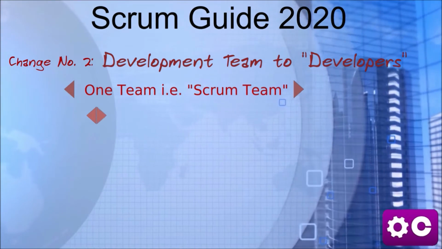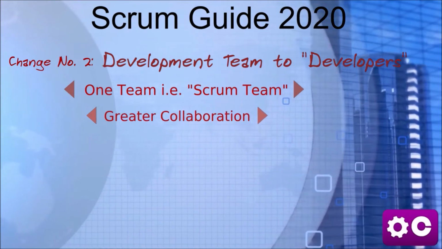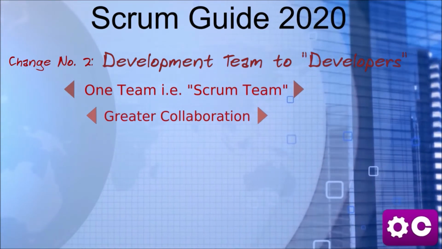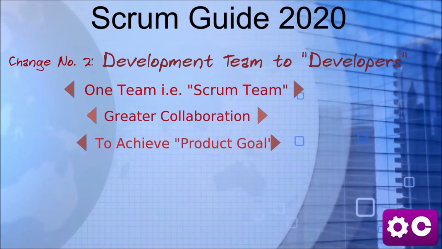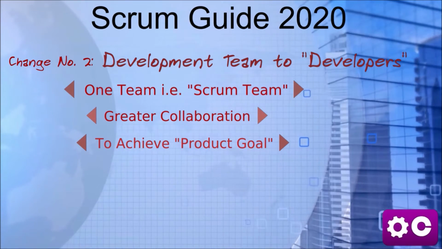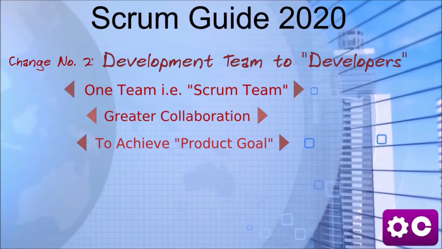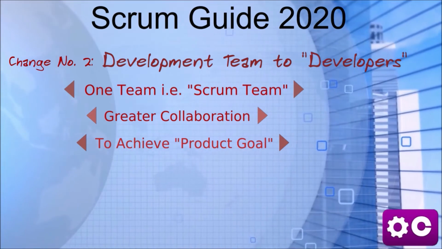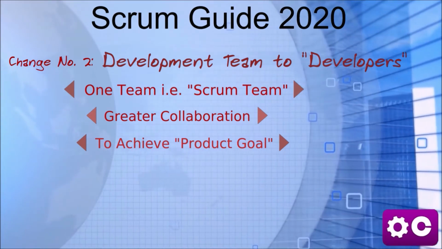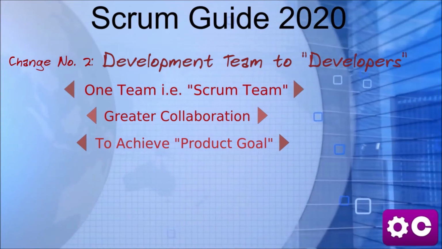This change makes it easier to encourage the product owner and the developers to collaborate towards achieving the same product goal. Previously, there were confusions when the term development team was used, as people assumed that the development team is not the same team as the one with the product owner.